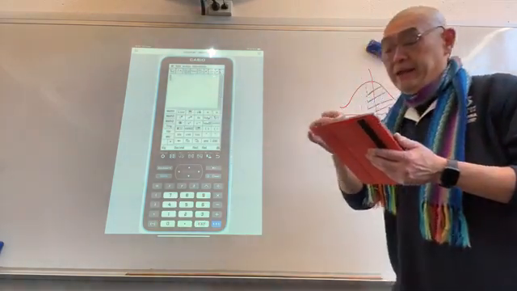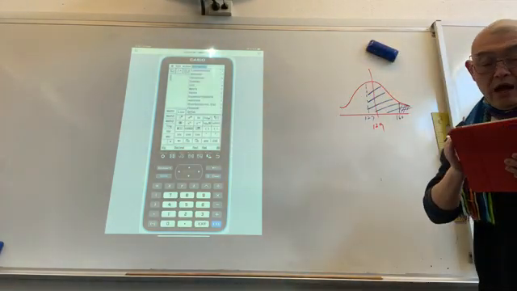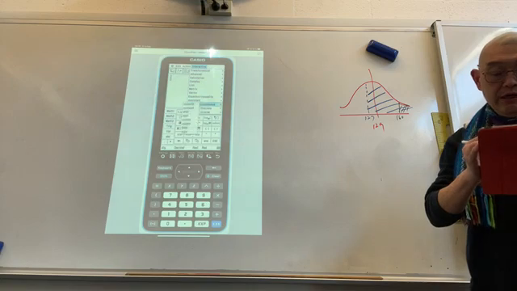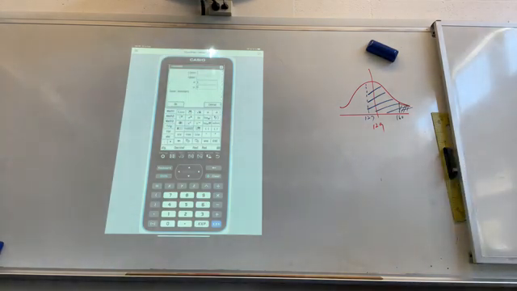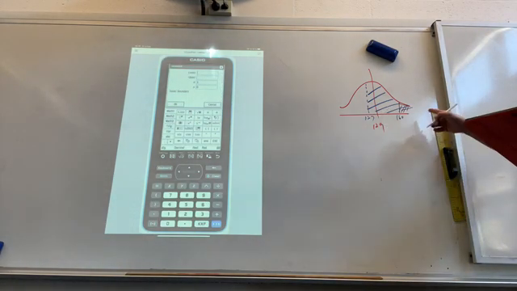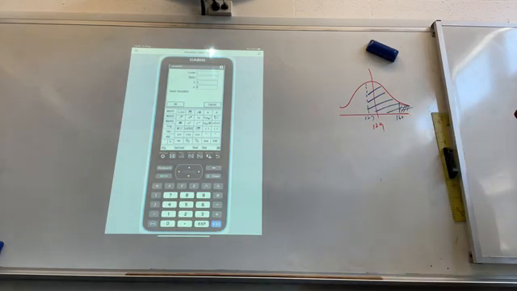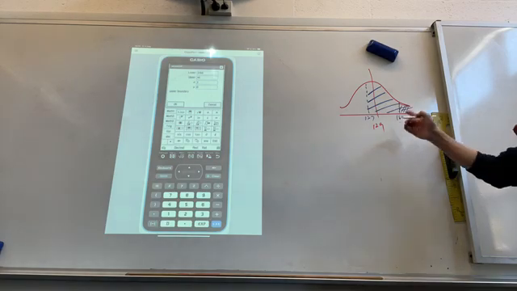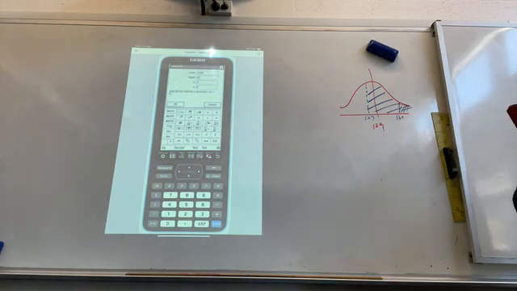So under Interactive, I go to Distribution, Continuous, Normal CDF. The lower bound for the numerator is 160 and the upper bound is infinity. The standard deviation is 16 and the mean is 129.